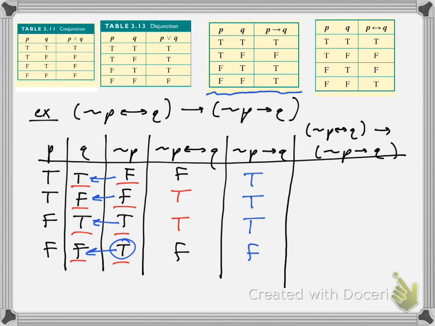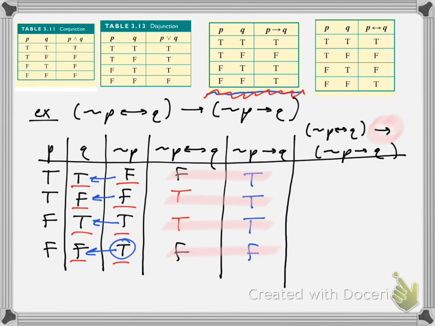Now I'm comparing these two columns with the very last one, using a conditional, which means I'm using the blue underlined table again.